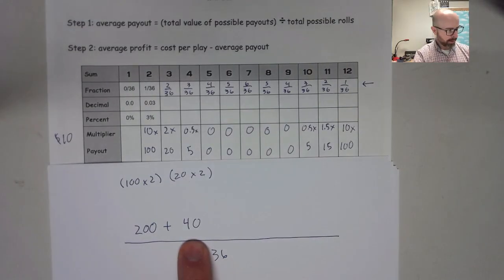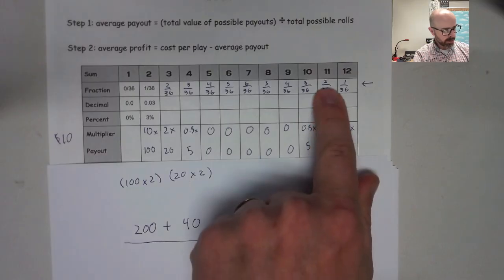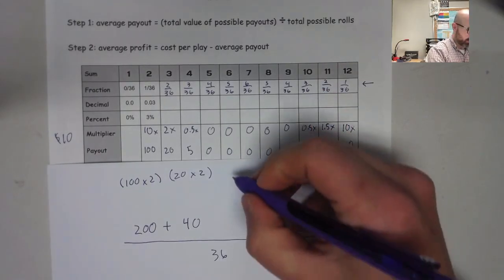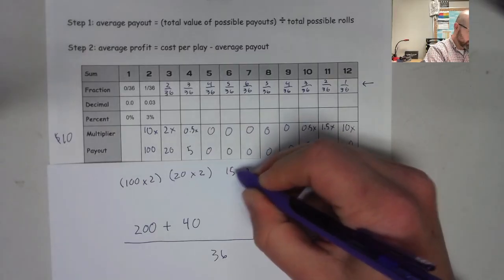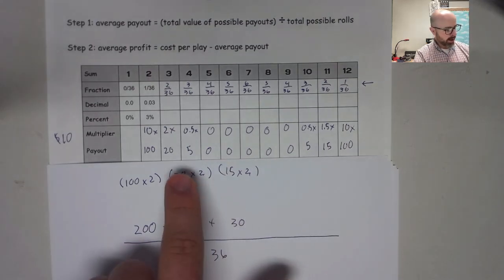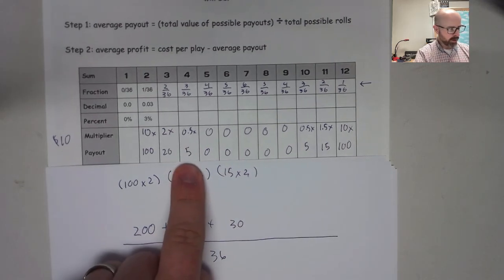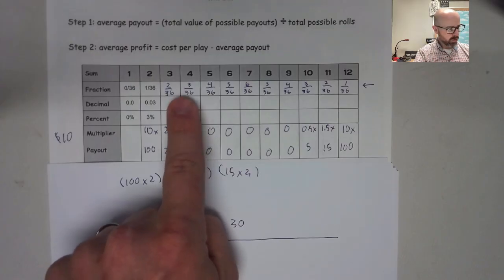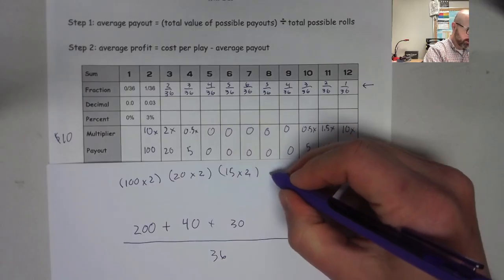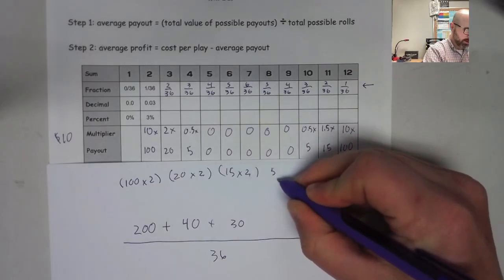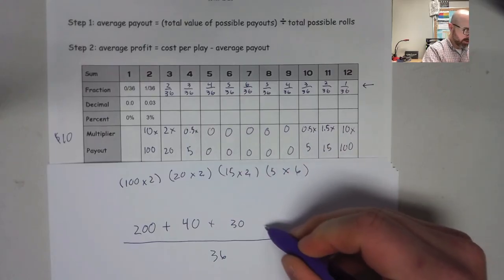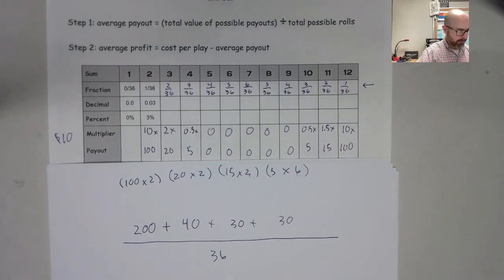That gets me 40. There are 2 ways to get a $15 payout in 36 rolls. And there are, oh, this is fun, a $5 payout. There's 1, 2, 3, 4, 5, 6. $5 payout, there's 6 ways to get it. 5 times 6 is 30.